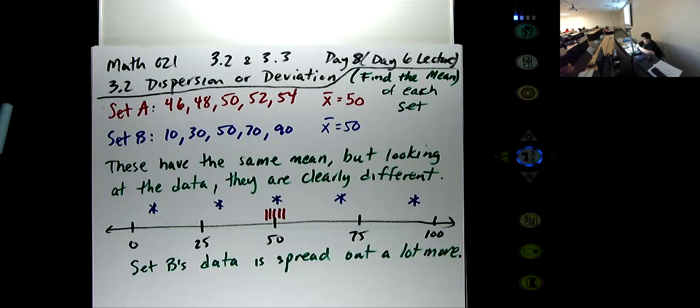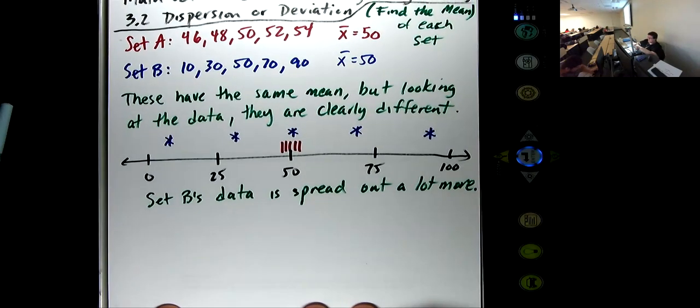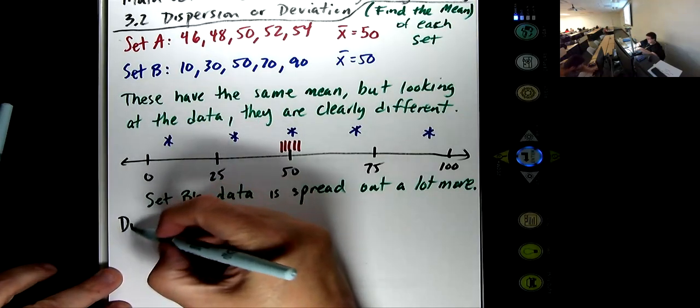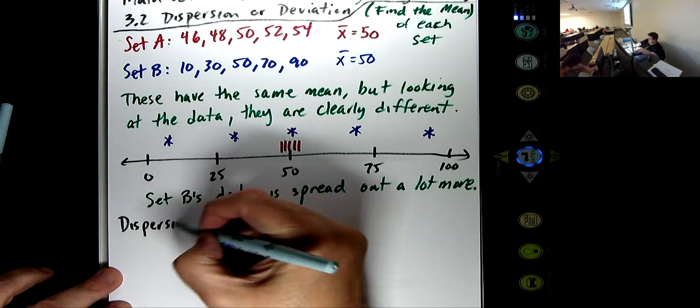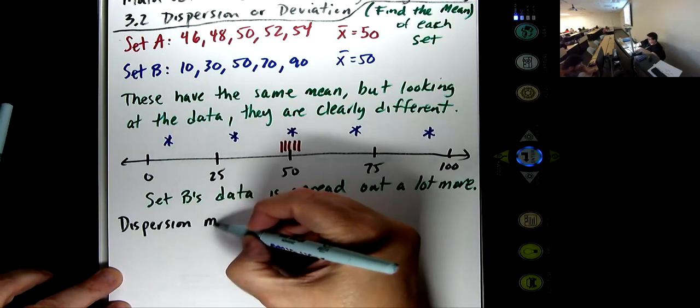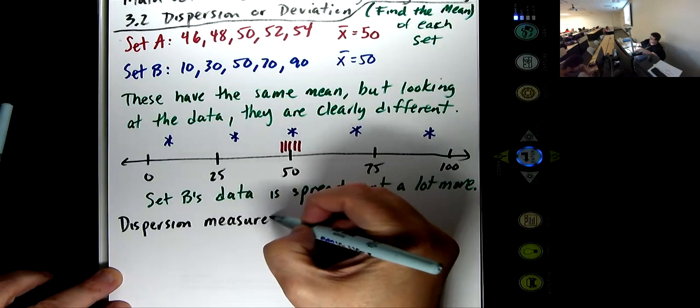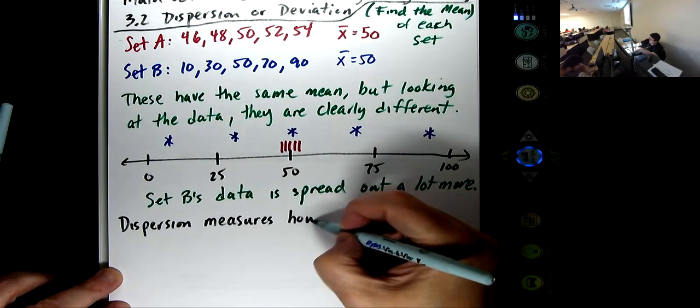So the idea of dispersion measures how much the data is spread out. How spread out the data is.